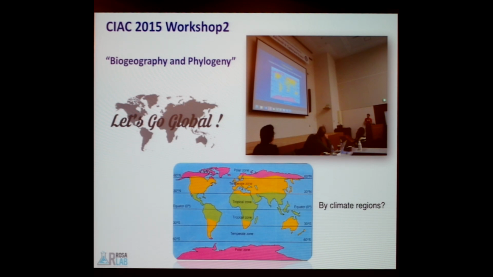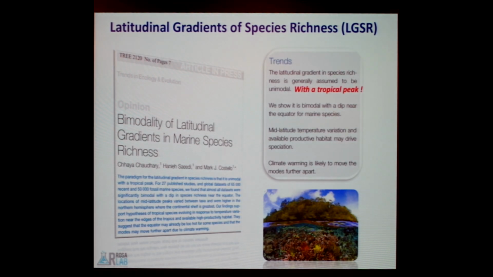But before that, this was just published in Trends in Ecology and Evolution, and I like the title because it is the same idea that I had previously. There are no unimodal trends of diversity. Mostly they are bimodal.